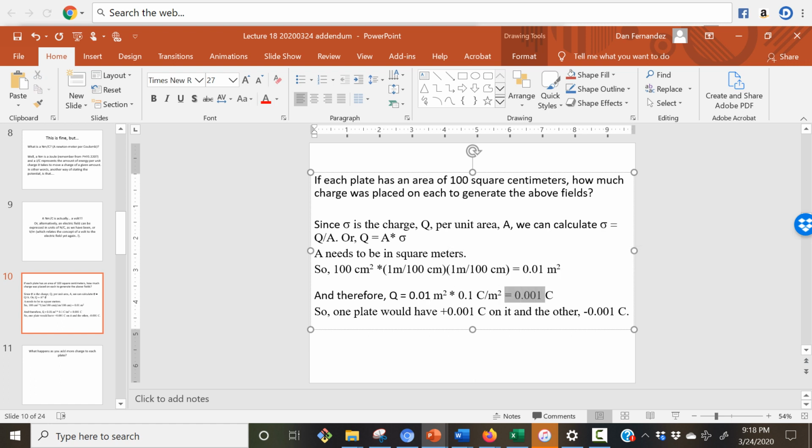That gives me 1/1000th of a coulomb. So one of the plates is going to have 1/1000th of a coulomb positive, the other one will have negative 1/1000th of a coulomb. That's what's meant by the charge on the plates. Both plates have an equal and opposite charge, so they're actually net neutral.